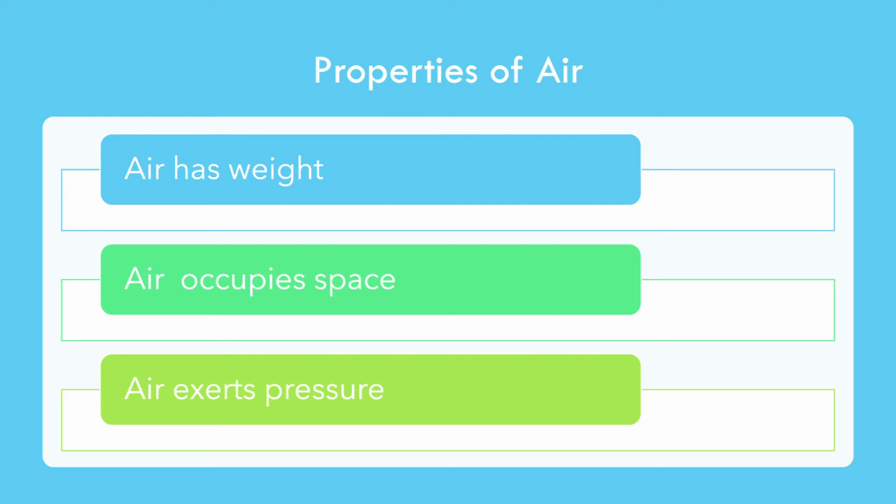A full balloon is heavier than a non-filled balloon, so it will be heavier and it will droop towards the ground. Next, air occupies space. We all know that air is all around us, and we can blow balloons or put air into a football or basketball.